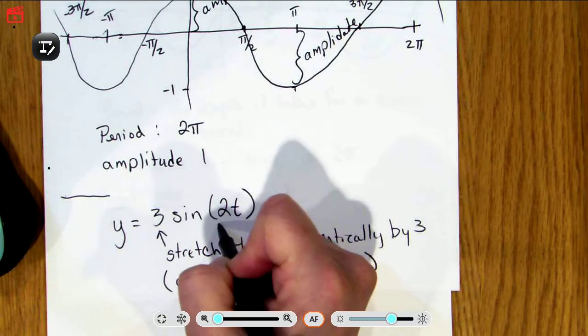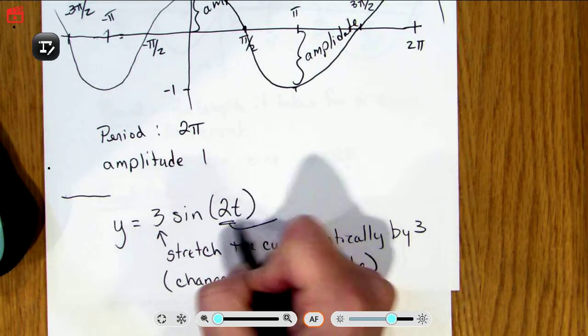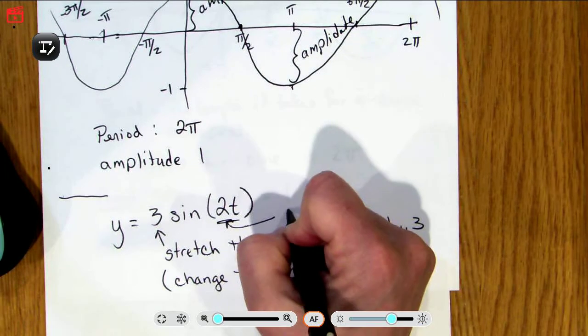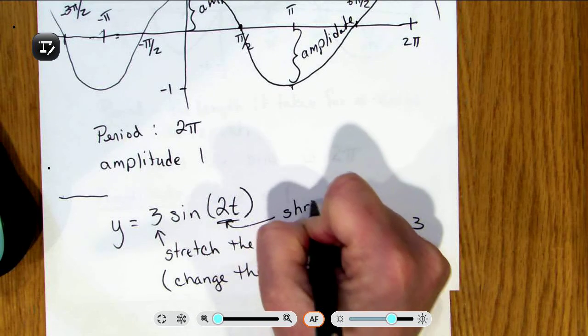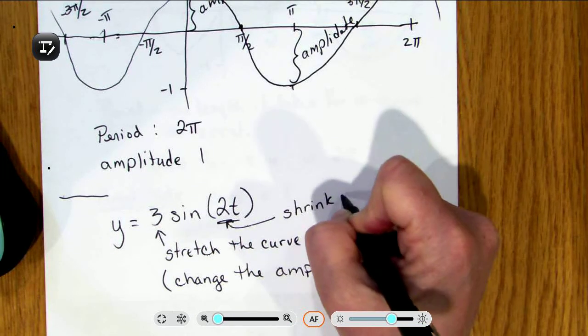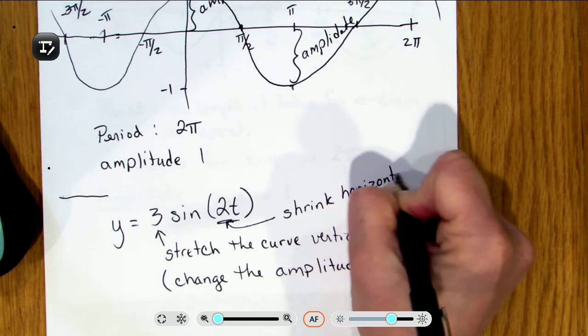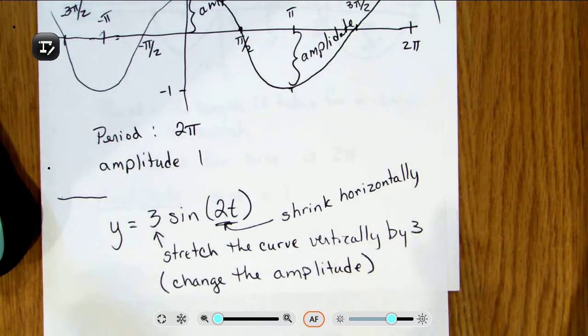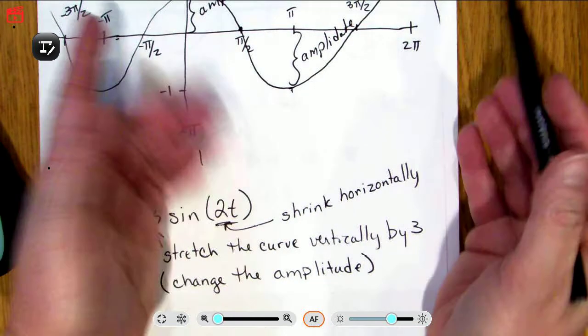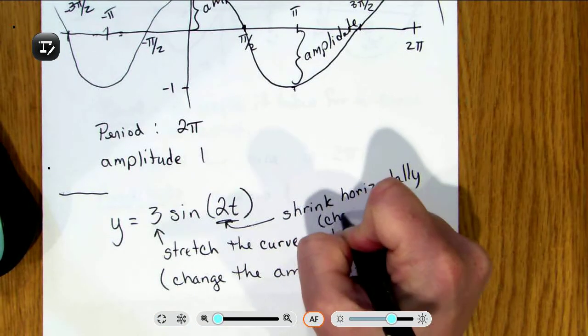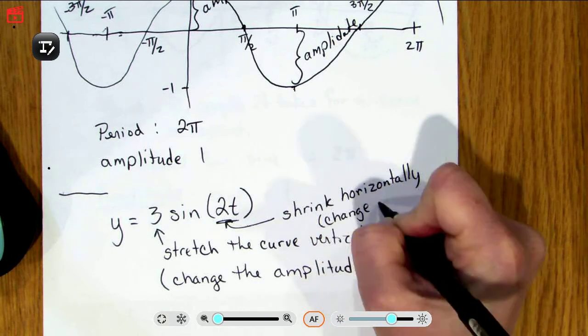The 2 on the inside, and we didn't spend as much time on this one, is going to stretch or shrink, and it works backwards when you're inside, so it's going to shrink horizontally. It's going to smush it inward, so this is going to be changing the period.